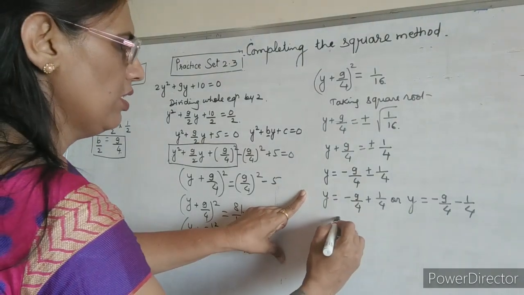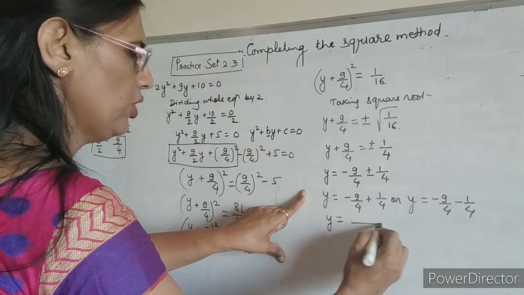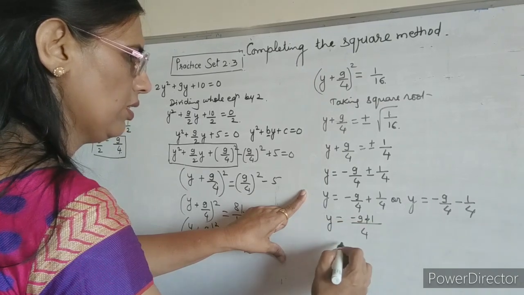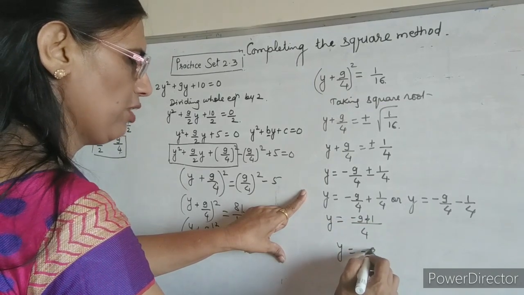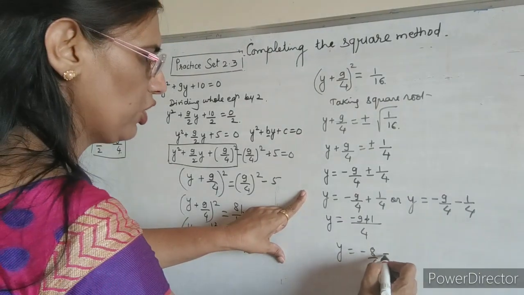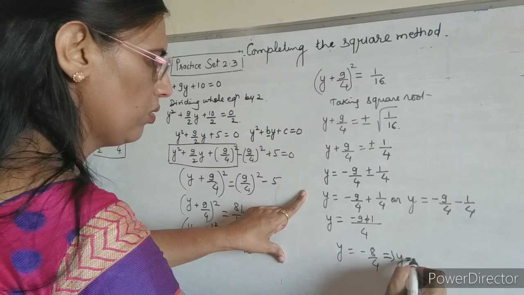And here, denominators are same, minus 9 plus 1, that is y is equal to minus 8 upon 4, and thus we get y is equal to minus 2.